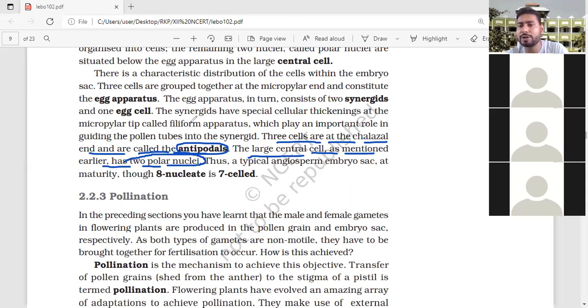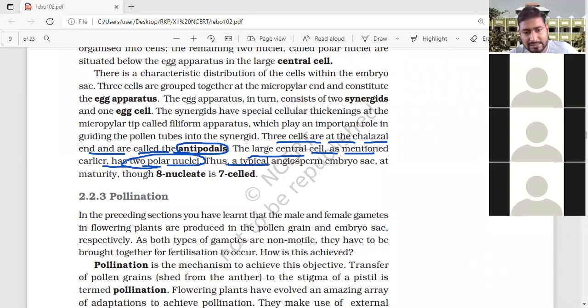One nucleus migrates from each pole, the chalazal end and the micropylar end, into the center, and they form a single cell called the central cell with the polar nuclei.